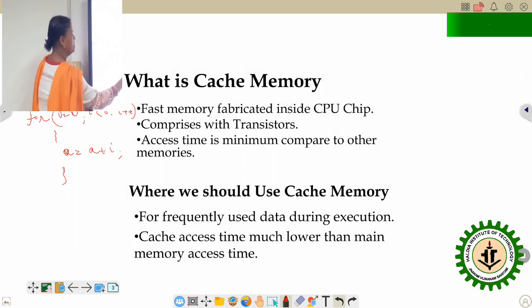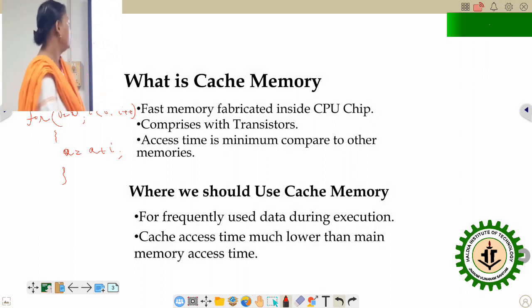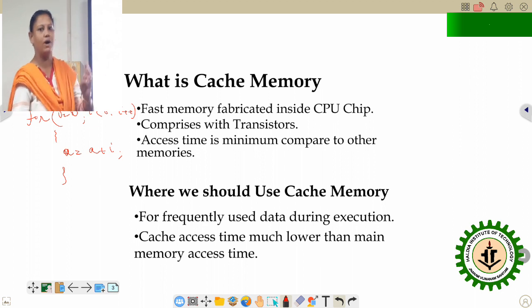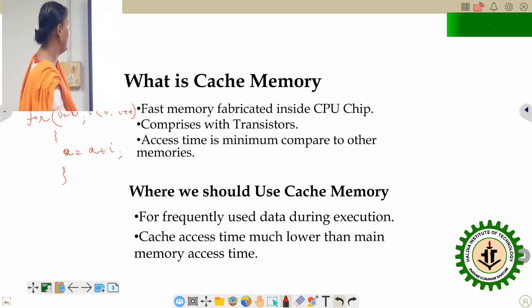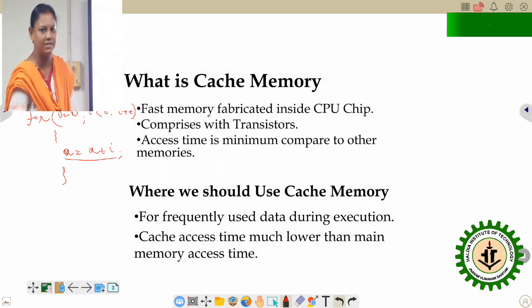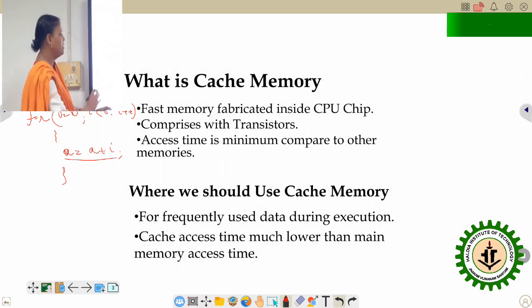Here i is the loop variable whose initial value is 0, and it is incremented by i plus plus, that means i plus 1, up to 5, that is 0, 1, 2, 3, 4. So these 5 values pass through this loop, and inside the loop the statement a equals a plus i means a is added with the i values.